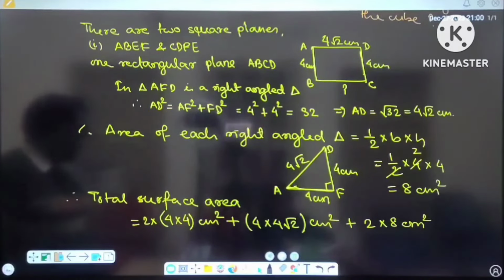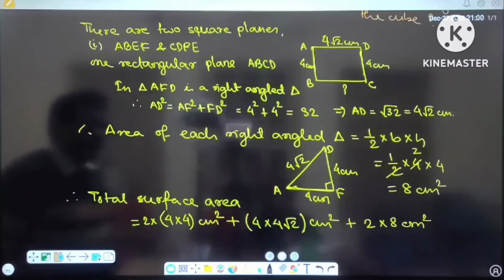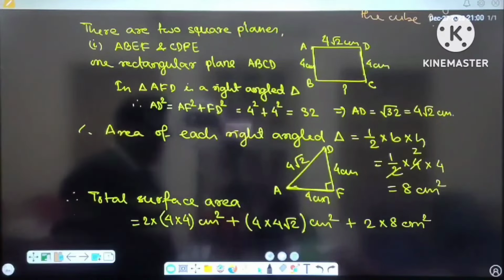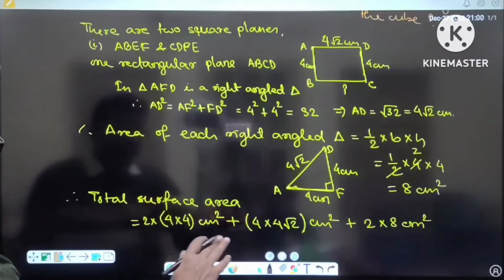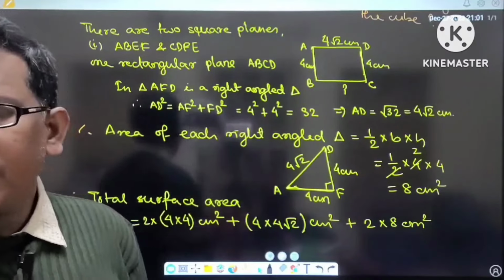So there are two triangles. The total surface area of each part found after cutting the cubical geometry will be the value of this, whatever you get in the calculation.